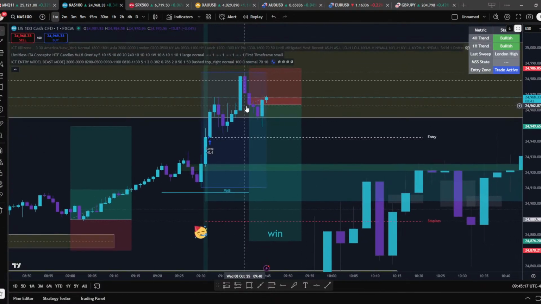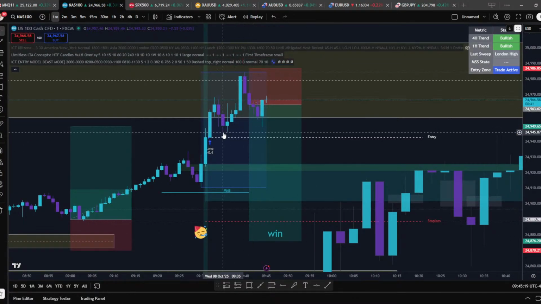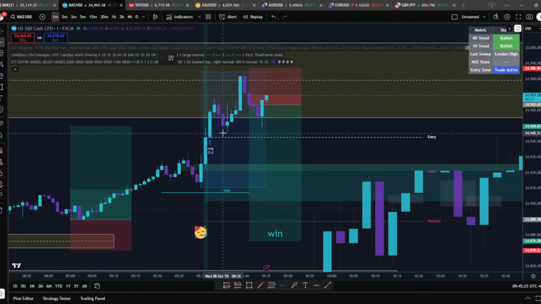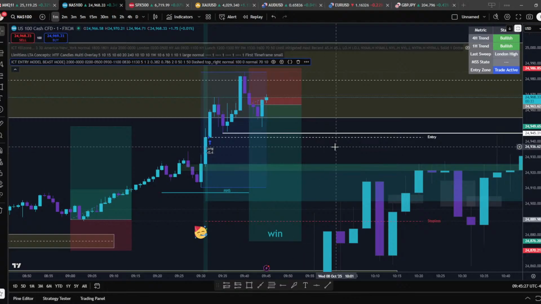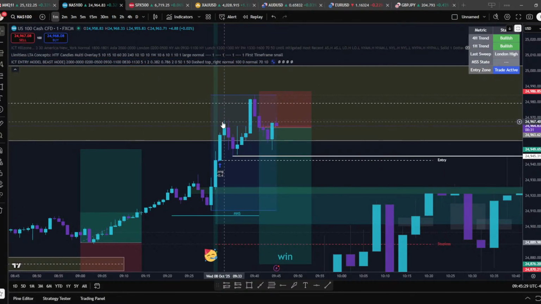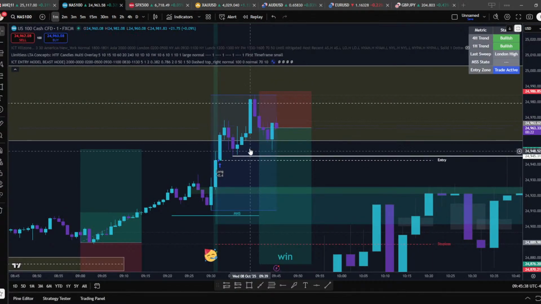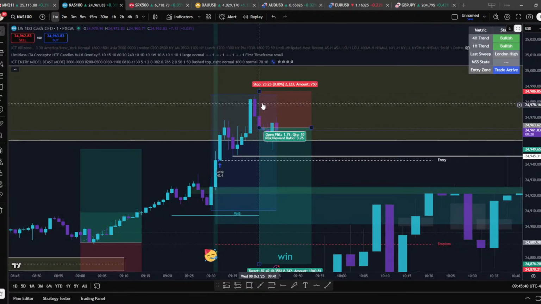But this is where a lot of guys would have gone break even here, which there wasn't a chance. And the reason why the inverse fair value gap strategy would have been decent here, whether it works or not, is because it's delivering from a higher time frame fair value gap.